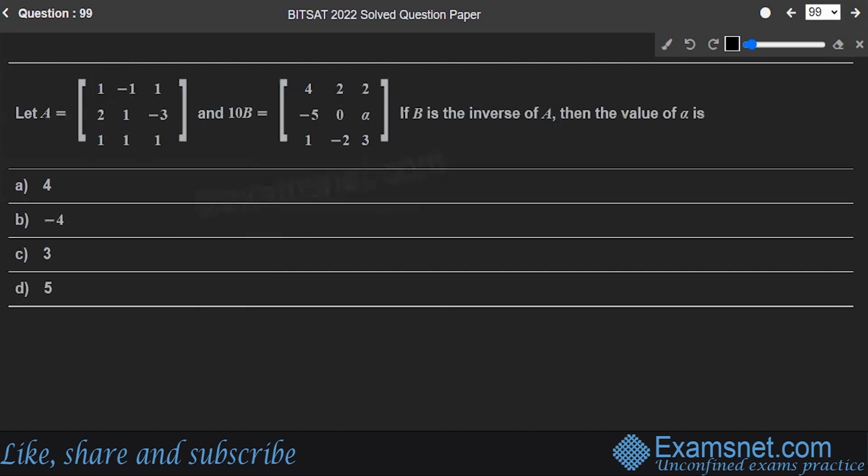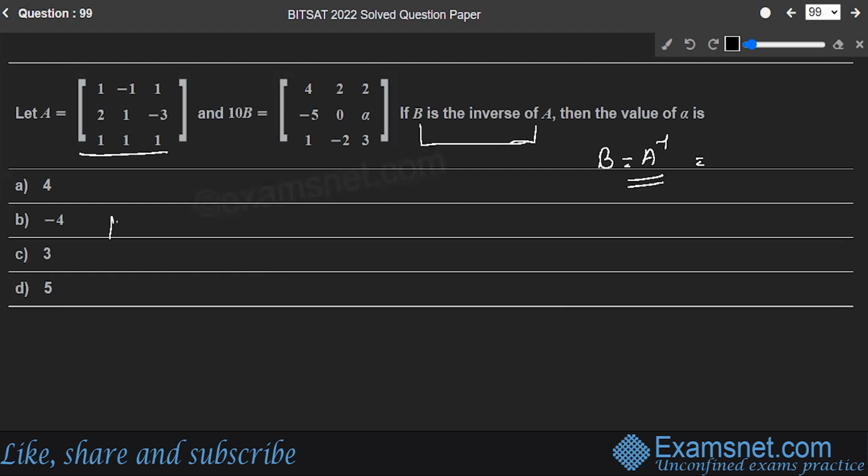Hope you understood. Next is question number 99. Let A be this matrix and 10B be this matrix. If B is inverse of A, then the value of alpha is. Okay. So here, this is the A matrix. And you have to find, because you are given that B is inverse of A, that means I have to find out A inverse.